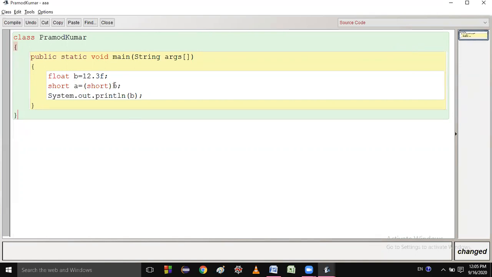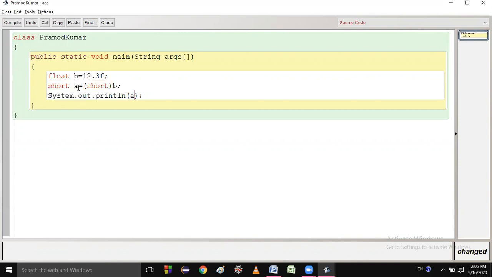This b is converted to short type, so we need to write the type cast operator short in the bracket. Next thing, because you are converting, you must have a variable of short type for storing that value. Is it clear?